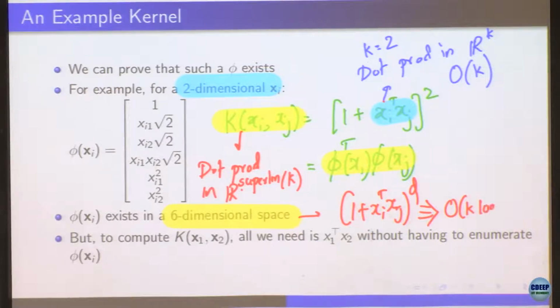So will it be order k log d? Oh, sorry, order k plus log d, obviously. Okay, so that's much cheaper. And what do you get? So this is just polynomial.